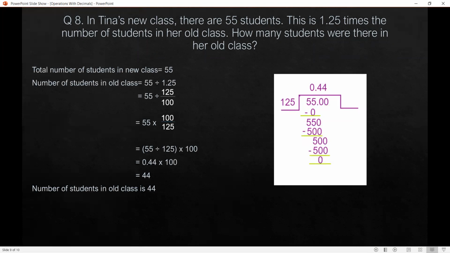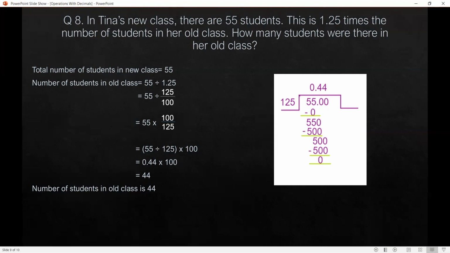The given is total number of students in new class equals 55. The number of students in the old class equals 55 divided by 1.25. And for this division, when we solve 1.25, we will write it as 125 divided by 100 because after the decimal, there are 2 digits.